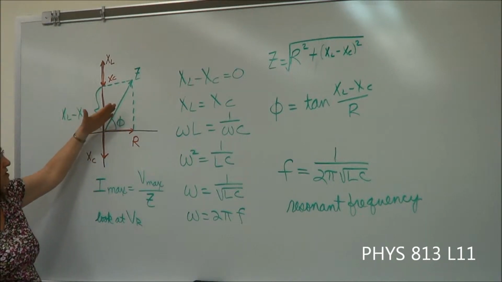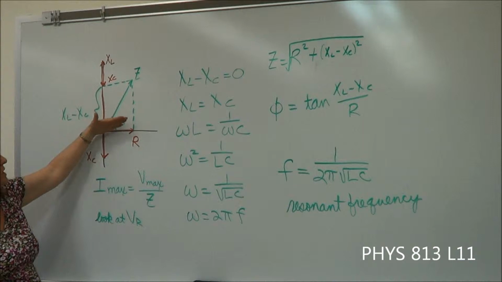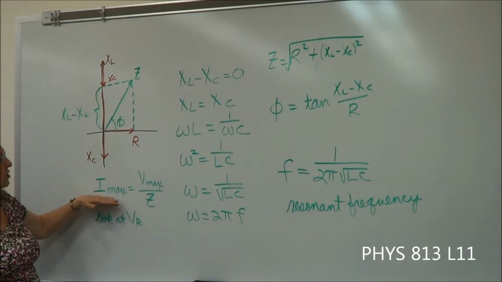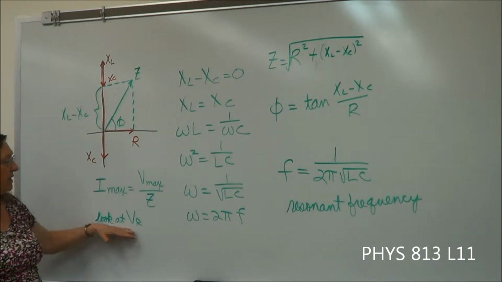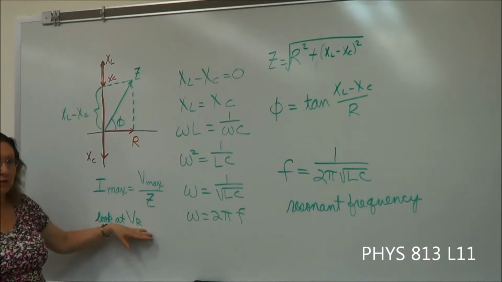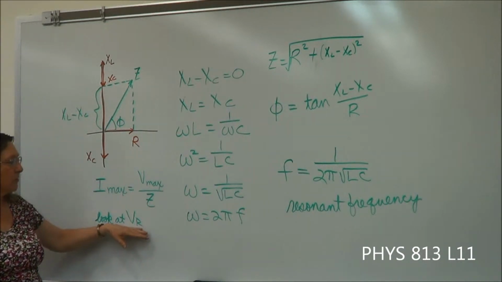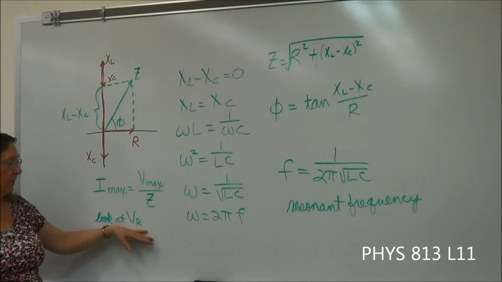So if you get to the point where Z is a minimum, that means that the phase angle is 0, you're going to get the largest current. And if you have been measuring the voltage across the resistor, this will tell you that the voltage across the resistor is a maximum.